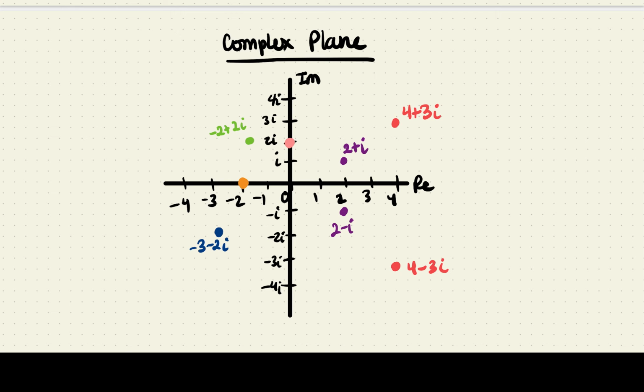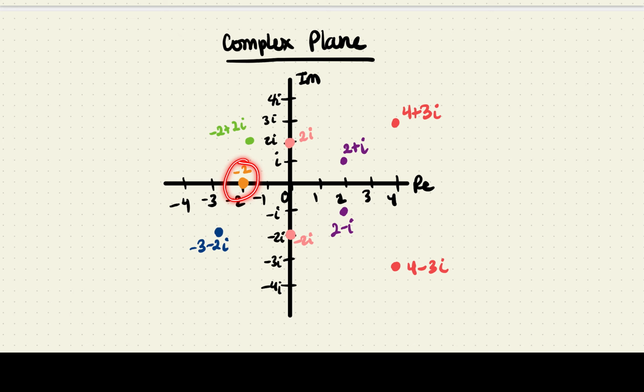The conjugate of 2i is going to be -2i, because remember, we just changed the sign of the imaginary part. So that's -2i. 2i, -2i. This point number over here, -2, is a real number. There is no imaginary part.